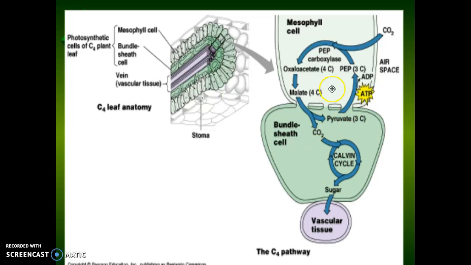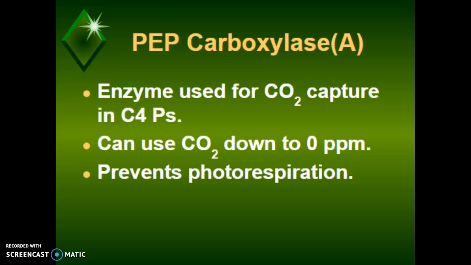So again, we've separated them geographically. Over here, we've got all the carbon fixation. And over here, we've got the sugar generation piece of it. Like I said, we're going to use PEP Carboxylase instead of Rubisco.